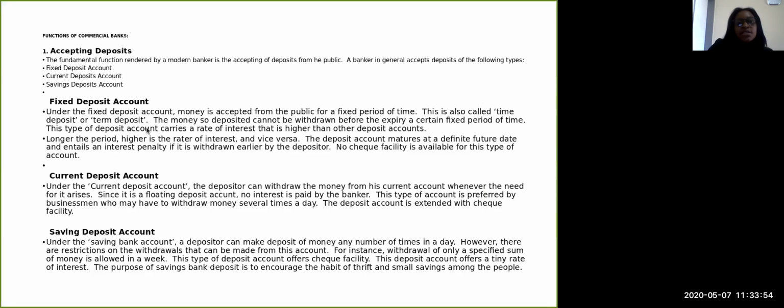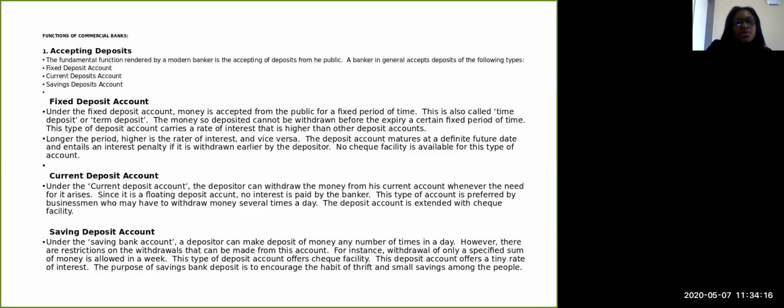Under the fixed deposit account, money is accepted from the public for a fixed period of time. This is also called time deposit or term deposit. The money so deposited cannot be withdrawn before the expiry of a certain fixed period of time.